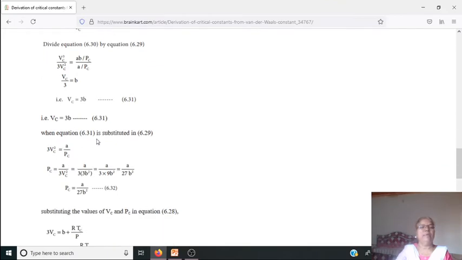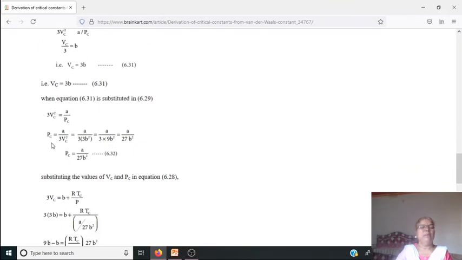Then when equation number 6.31 is substituted in equation number 6.29, here this is our equation. Okay, so 3 Vc square is equal to A by Vc, and therefore Pc is equal to A by 3 Vc square, which is equal to A upon 3 in a bracket 3B square, which is equal to A upon 3 into 9B square, which is equal to A upon 27B square.